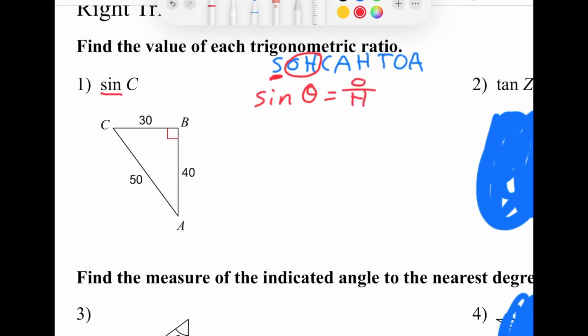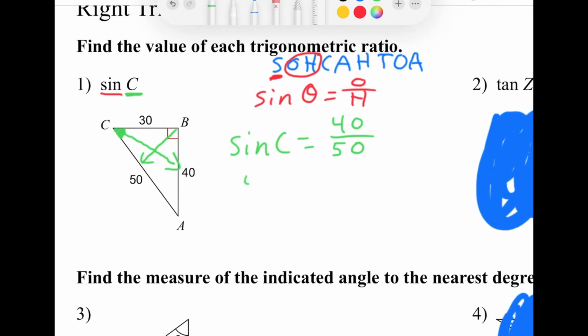So in this case, we're looking at angle C, which is over here. Our opposite side is across from the angle that is identified. So it's sine of C equals opposite over hypotenuse, which is straight across from our 90 degrees. So our hypotenuse is 50.